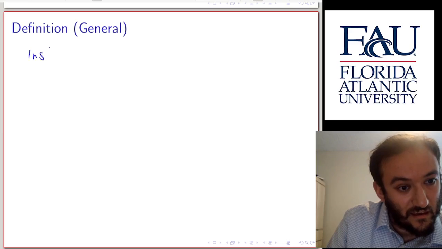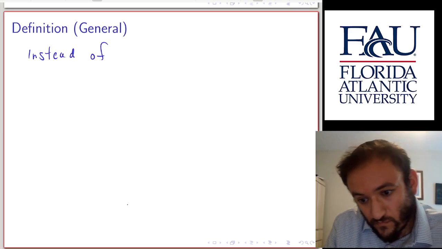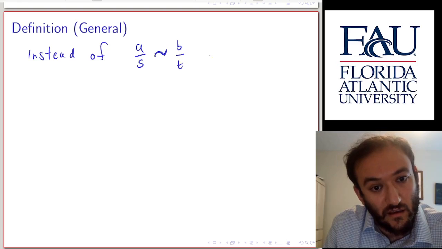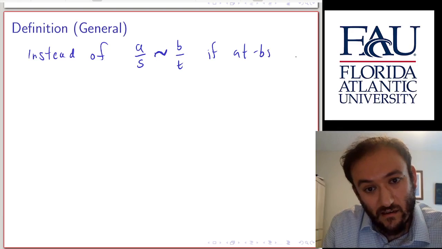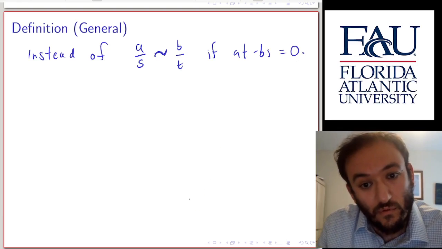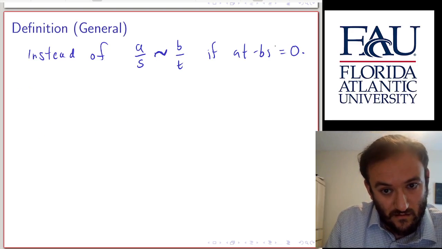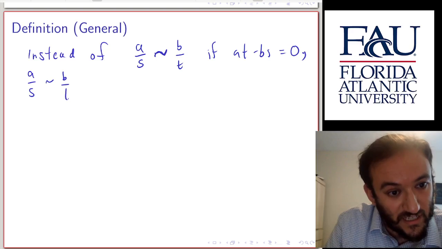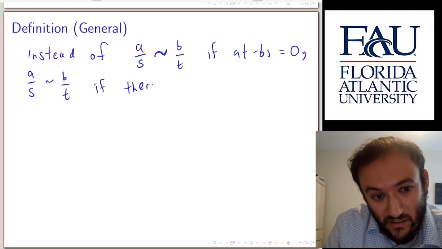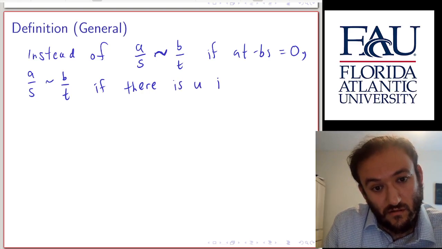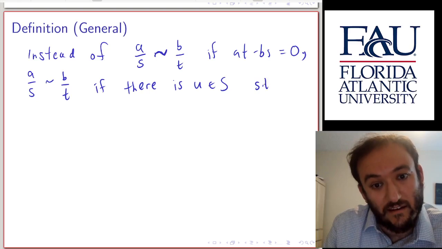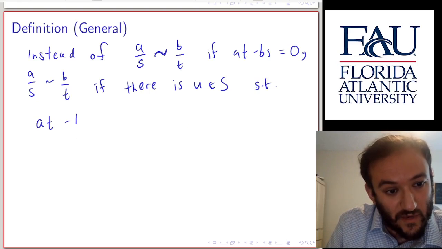So instead of saying A over S is equivalent to B over T if AT minus BS equals 0, what we'll say instead is A over S is equivalent to B over T if there's an element U in S, right, in our multiplicative subset, such that AT minus BS times U equals 0.